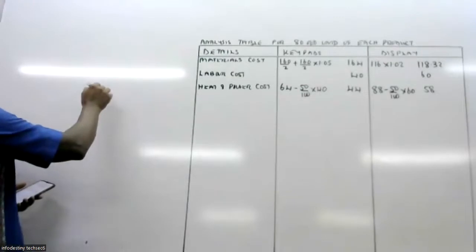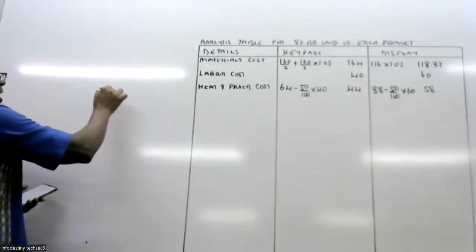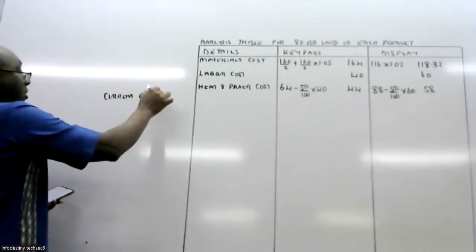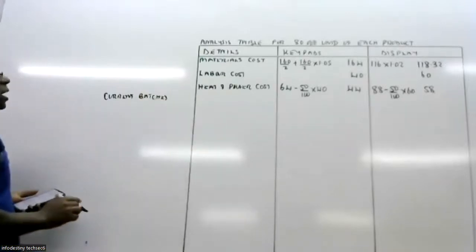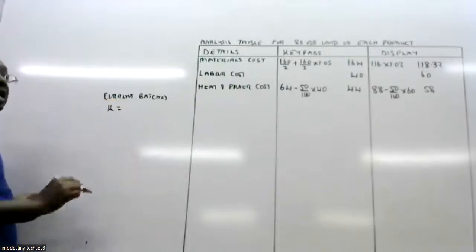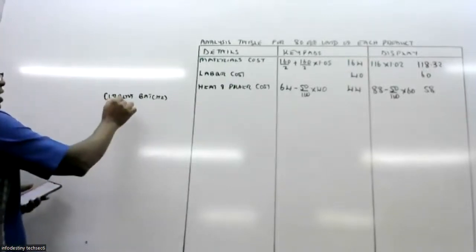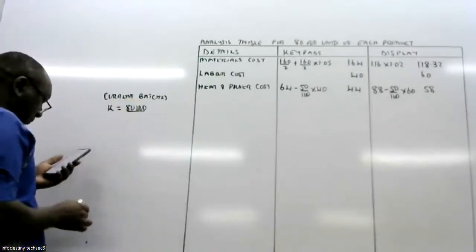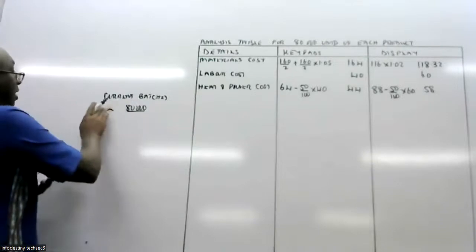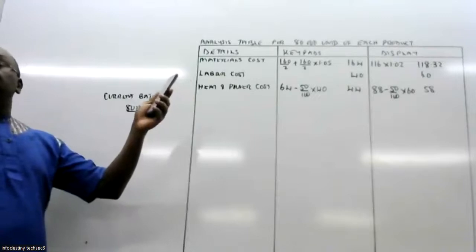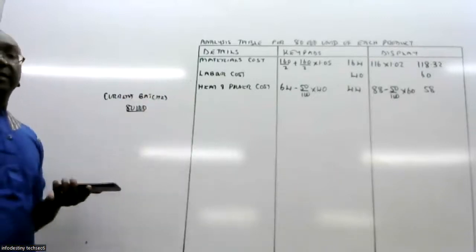We may need a working down there, the current batches. If I use K to represent keypad, it is 80,000. Actually, it will be the same, because all of them have 8,000, and the number of units are the same.